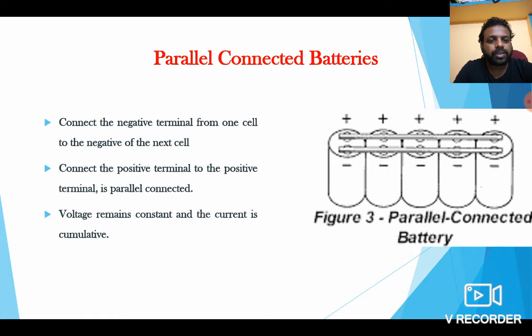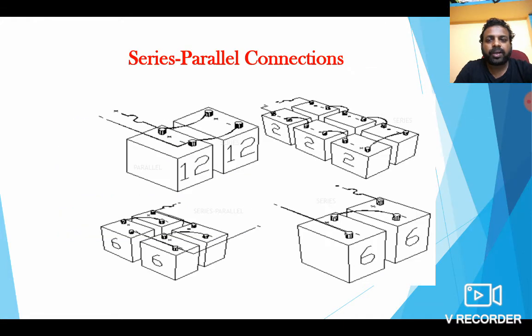Here you can see the positive terminals of each battery are connected together, and the negative terminals are connected together. So it is called a parallel connection battery. And the third one is a combination of parallel and series connections, where you connect the batteries with both parallel as well as series connections.